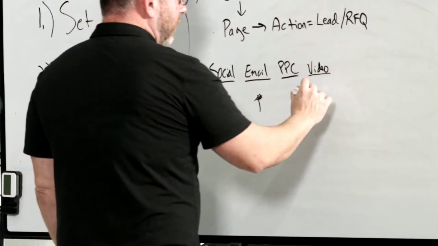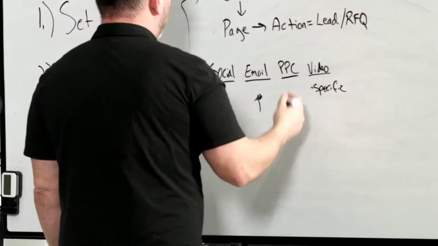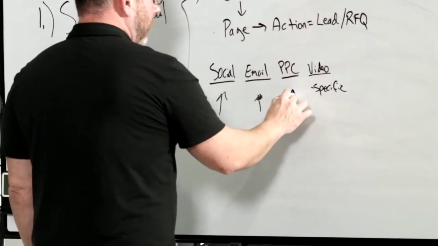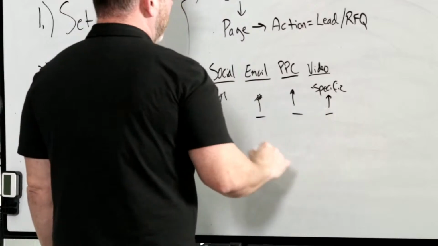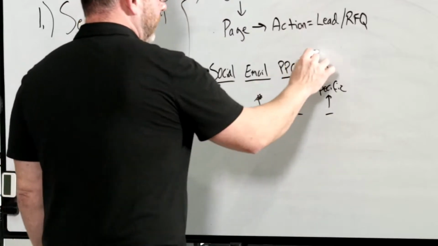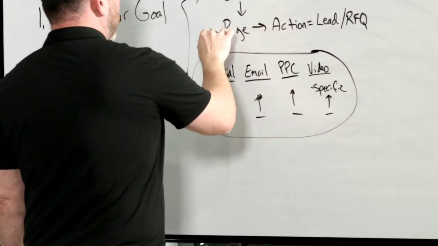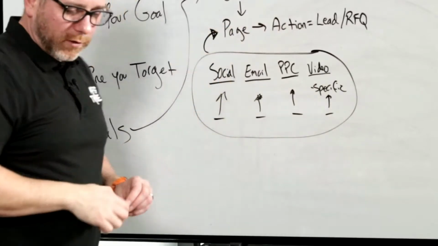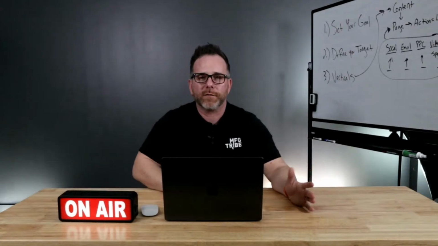You want videos that are specific to what your purpose is. But these could be the main 4 pillars. And the whole purpose is they all want to drive people to the page. Those are 4 pillars that you can use. With video, so you think people are searching, I want to rank organically.